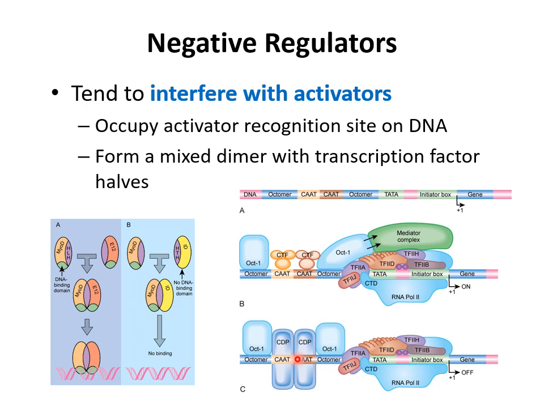Another way that a negative regulator can block a transcription factor from binding where it's supposed to is by forming a dimer, a mixed dimer, because remember, we said transcription factors have more than one domain, okay?